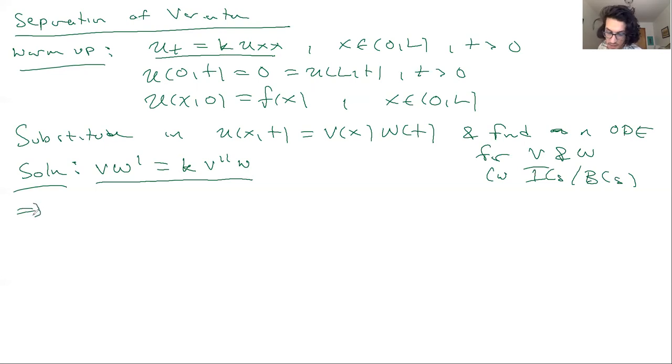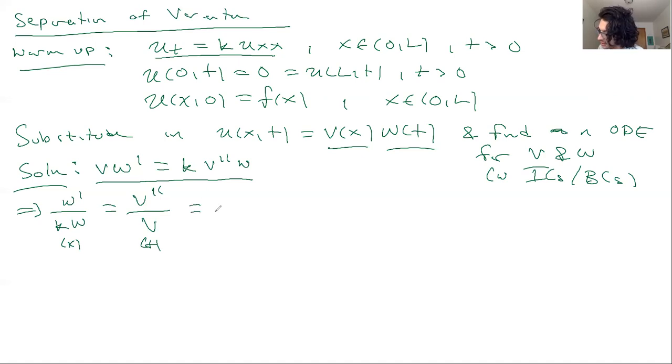But if you've taken the prereq for this class, you know that you can separate this equation into the parts that depend on just W and the parts that depend on V. Because V is just a function of x and W is just a function of t, I have a function of x and a function of t that equal each other. Now, the only way that can be for all x and t is if they're constant, okay?